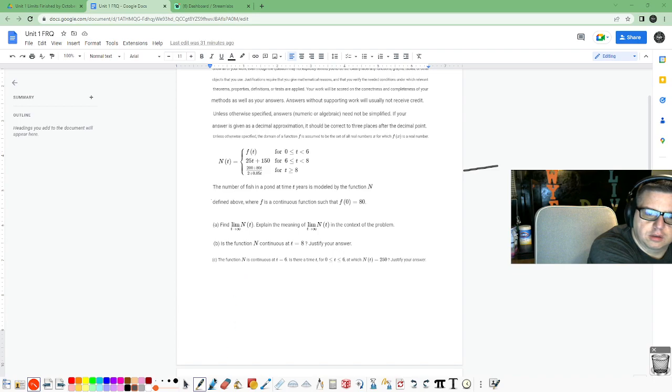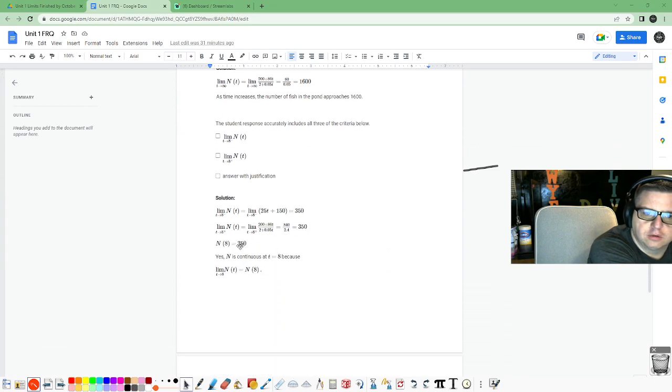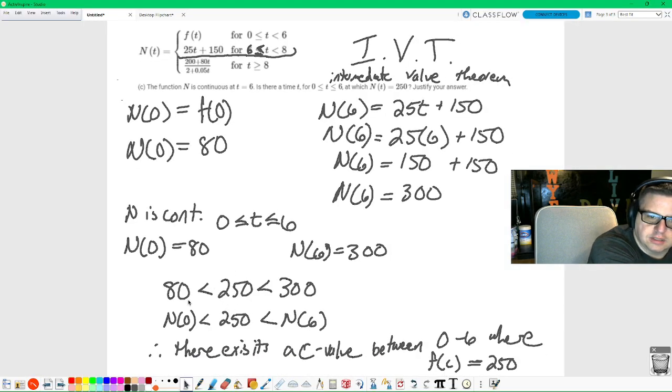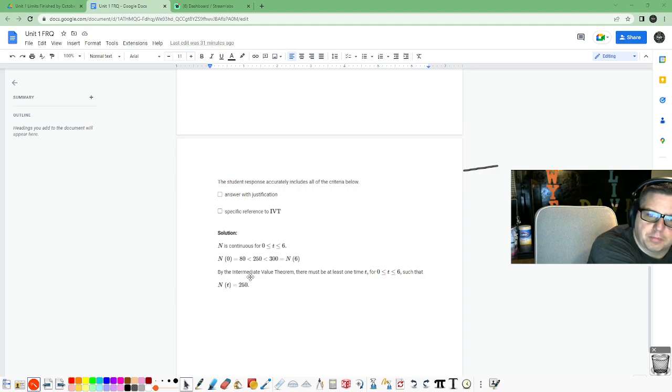And if we look at the solution, n is continuous, n of 0 is equal to 80, is less than 250, is less than 300, which is n of 6. That's where I kind of built this thing in. I built the 80, 300, n of 0, n of 6 by the intermediate value theorem.